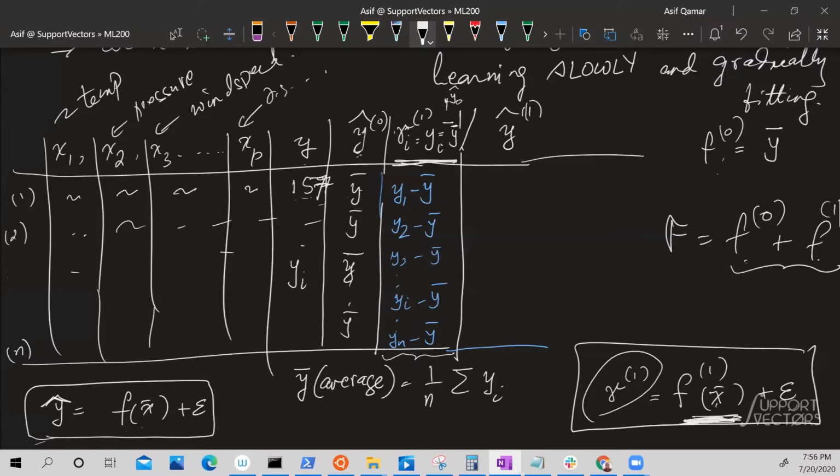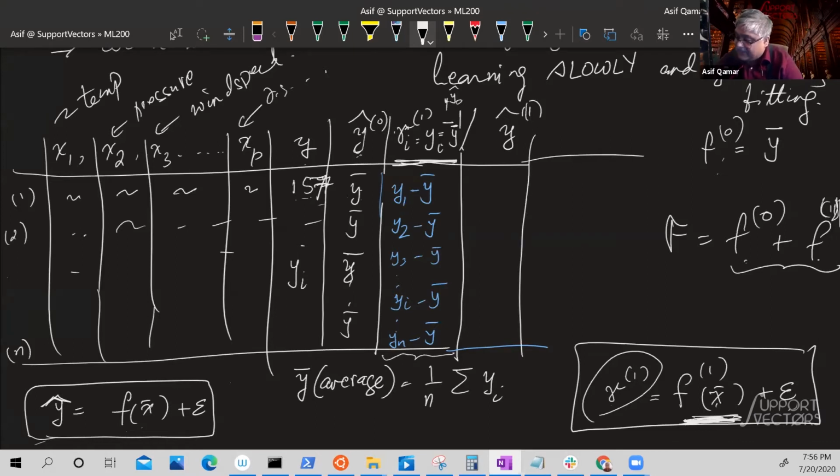Yes, the paper was helpful too. Yeah, so this is it. And so now what we do is we can keep going. So this will make some mistakes, Y1. And so you can come up with the second level residual. Let me call this the collective model F1, right?